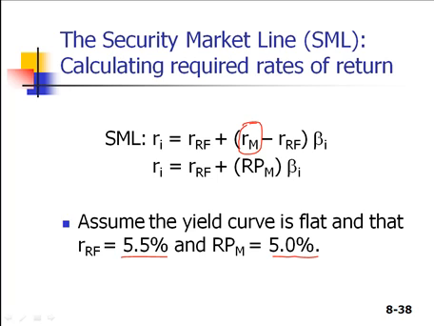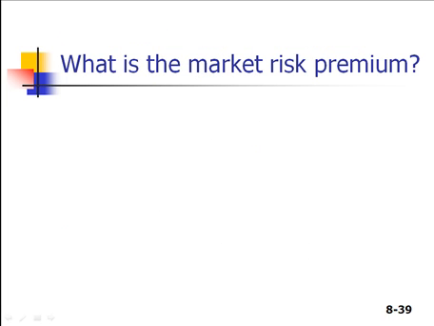Okay? If the risk-free rate is 5.5%, and the market risk premium is 5%, then the market rate of return is just going to be the sum of the two. If you didn't know the answer to that right offhand, that's okay for now.